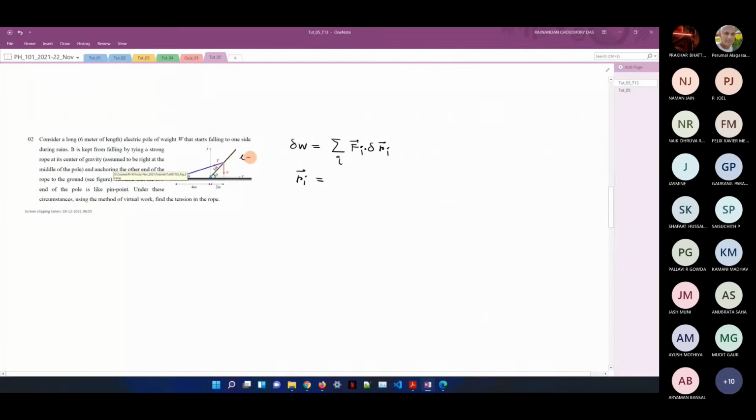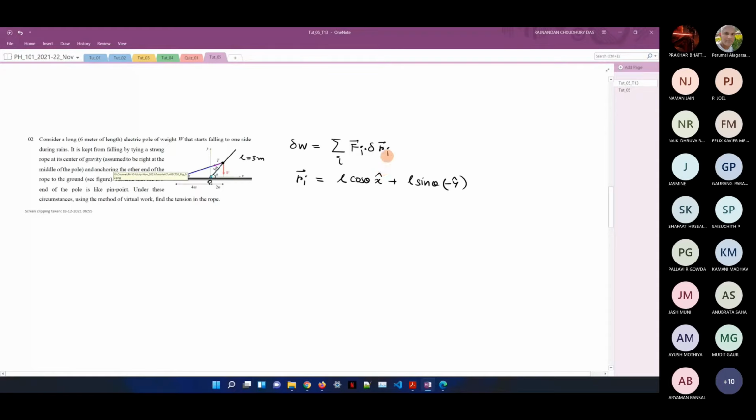Let me consider L to be equal to 3 meter. So L cos theta x cap plus L sin theta, this will be minus y cap. I want to write the position of this point from the origin.